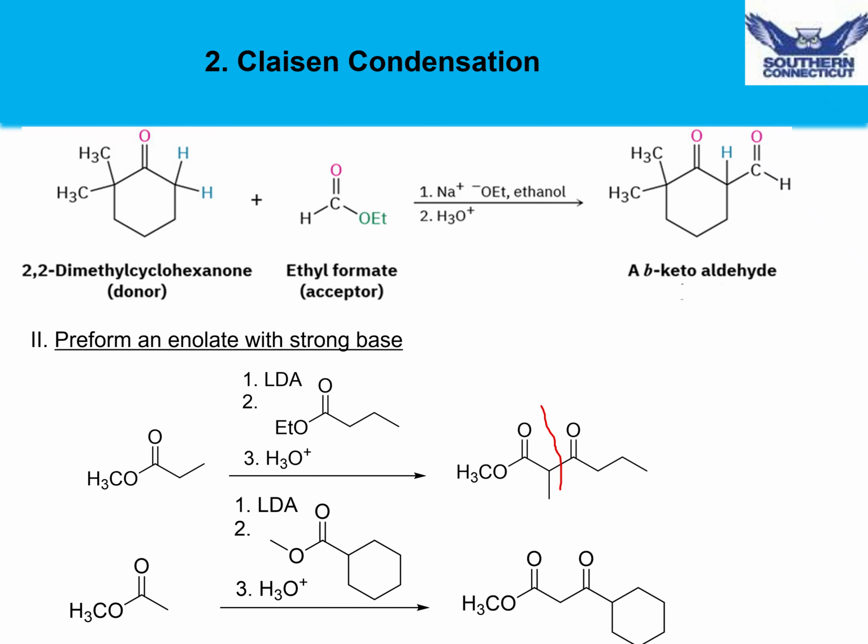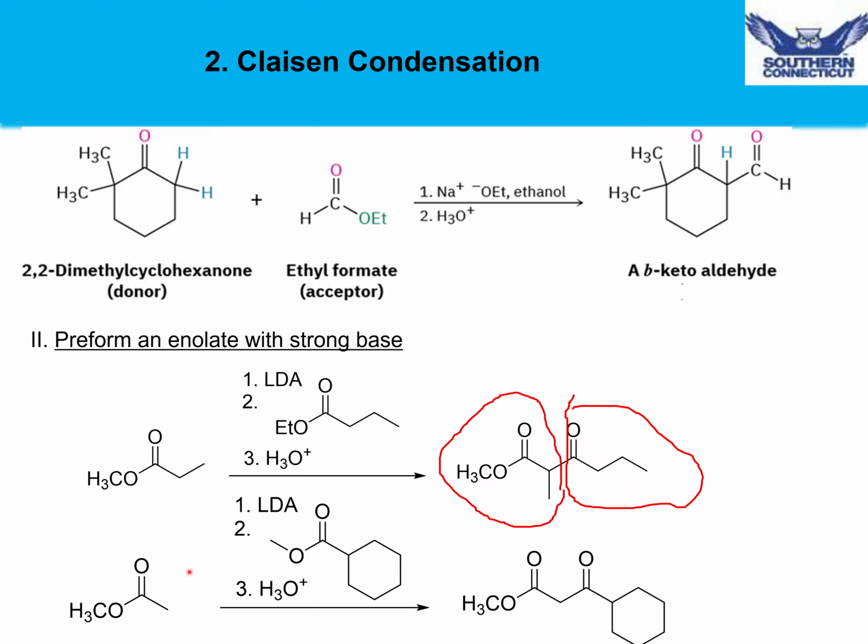You can see highlighted now on the left side of the structure, this is the structure that is added from the ester, this one here, that forms the enolate. And then the ketone and the remaining carbons, so that would be these carbons here, will come from the electrophile of this reaction.